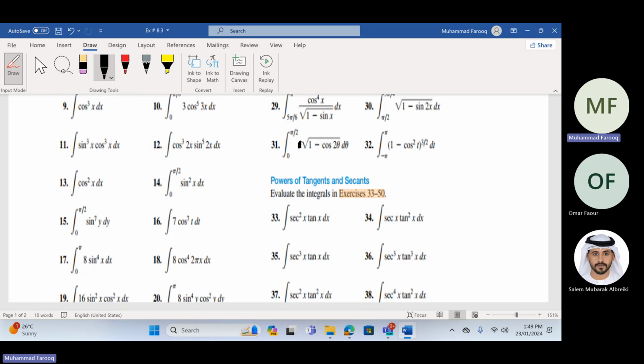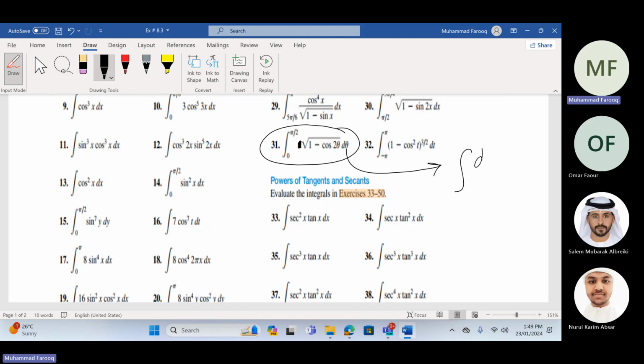So you get du divided by square root of u. Yes or no? Good. Now integrate this one.